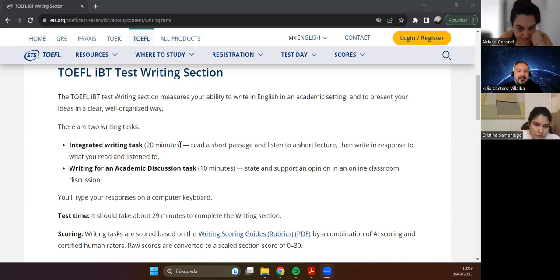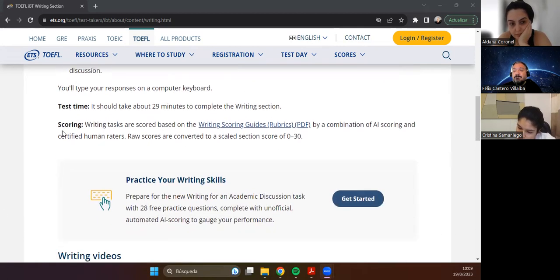You have 20 minutes to do this. What you do is you read a short passage and listen to a short lecture. Then you write a response to what you read and listen. The second task is an academic discussion task on a forum, and you have to state and support your opinion on an online classroom discussion. So the whole section takes about 29 minutes. I don't know, not 30.